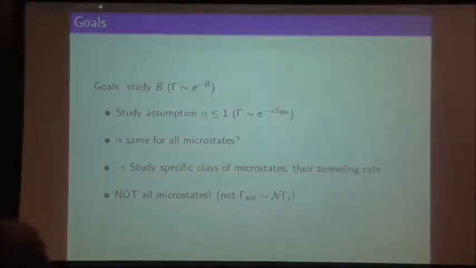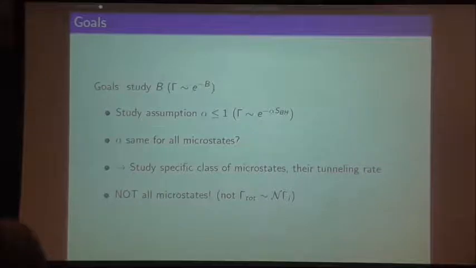So our goal will be exactly to study this. We're going to study this exponent in the tunneling amplitude to make a microstate. We're going to study in particular this assumption that the tunneling happens fast enough to form microstates before the black hole horizon has a chance to form.